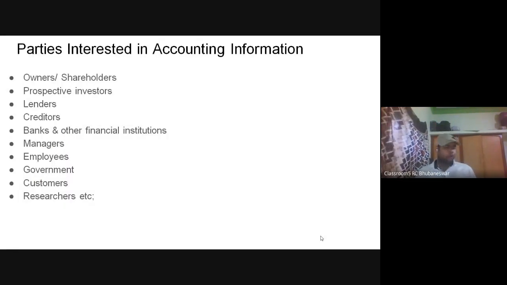Next, employees. What do employees want to know? Employees are looking at employment opportunities. If a particular employee is serving your business and knows that he or she doesn't have a career opportunity here, then they will switch over to another firm or business and grow with the growing firms.